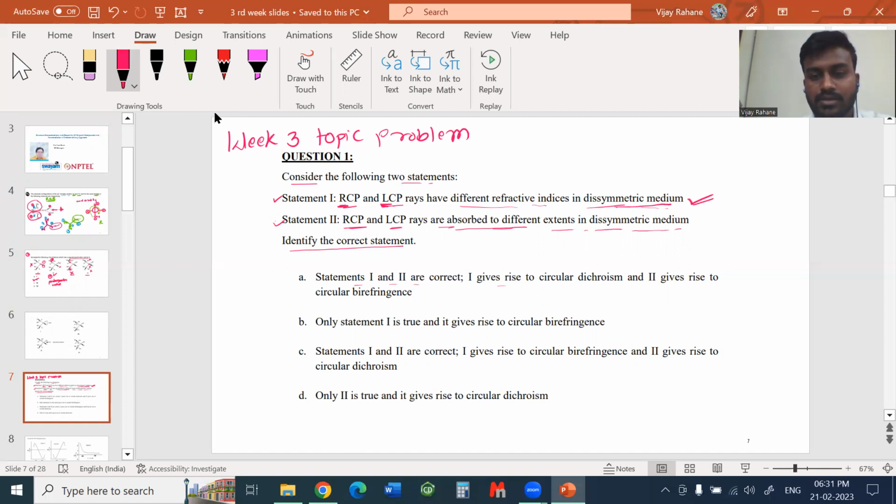Statement 1 gives rise to circular birefringence, and statement 2 gives rise to circular dichroism. No. If you see this one, the first statement, right? It represents circular.